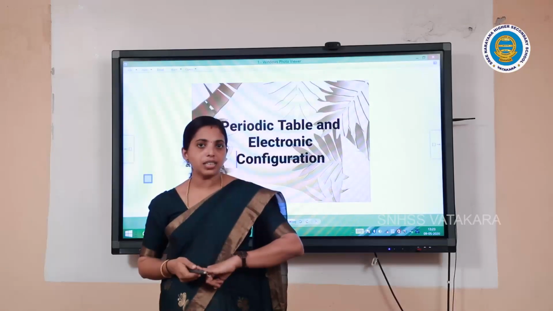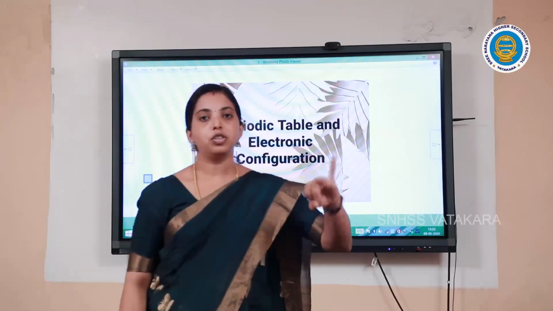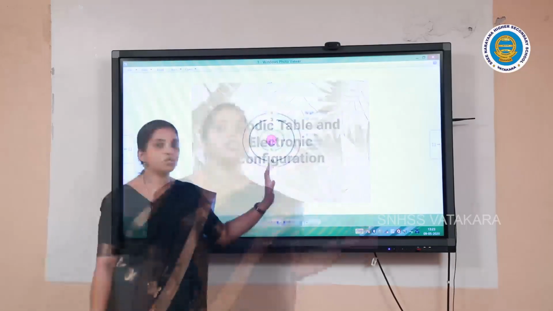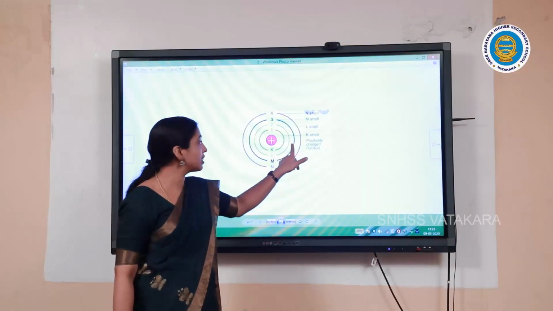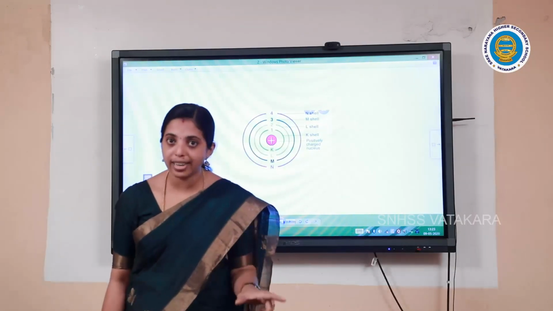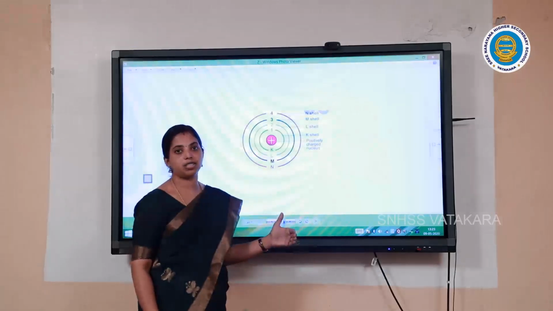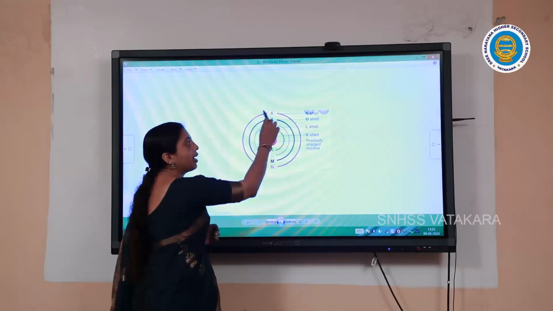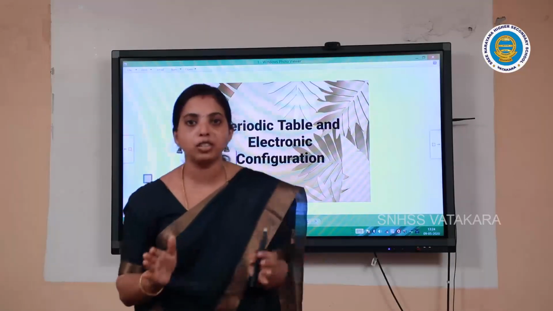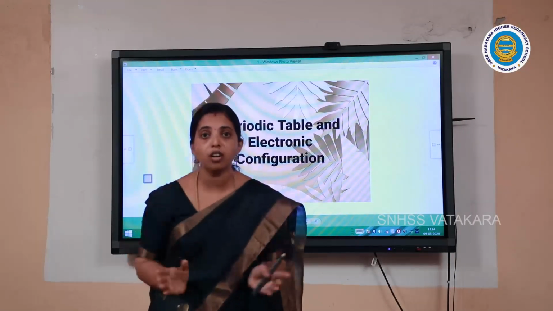So, the particles present in an atom are proton, neutron and electron. Proton and neutron are situated at the center of the atom, known as the nucleus, and the electrons revolve around the nucleus.